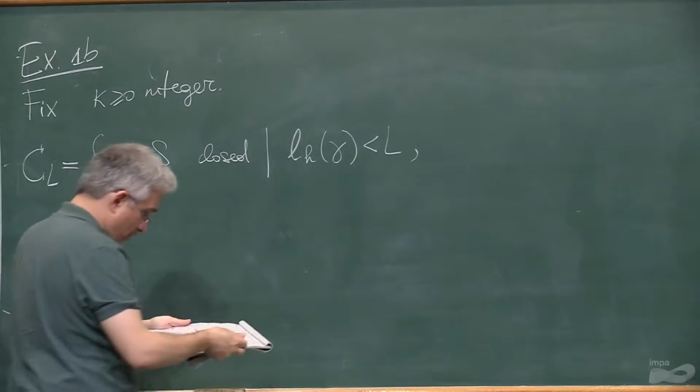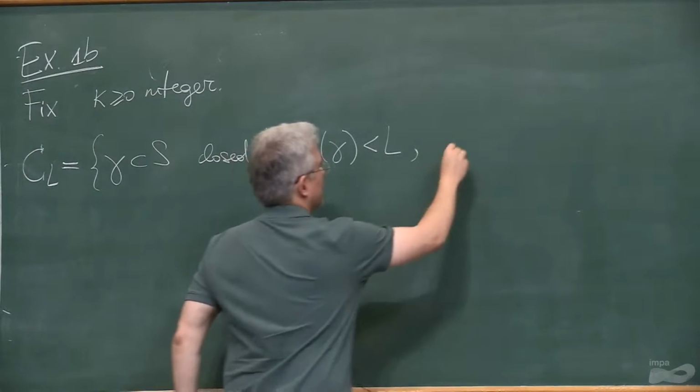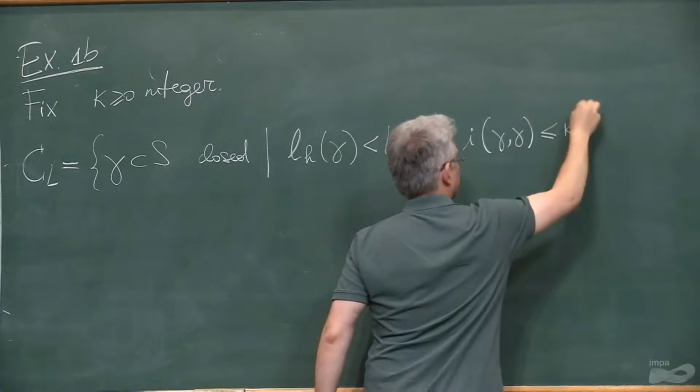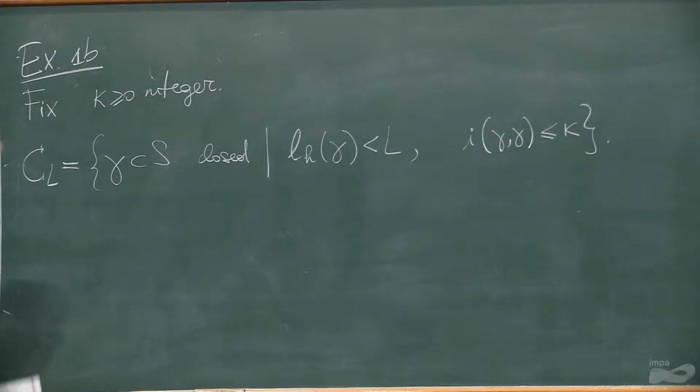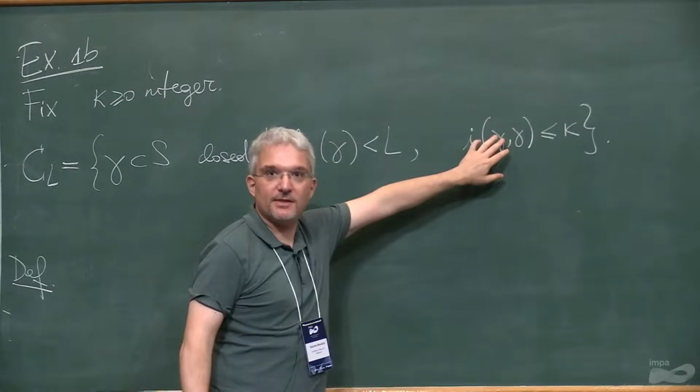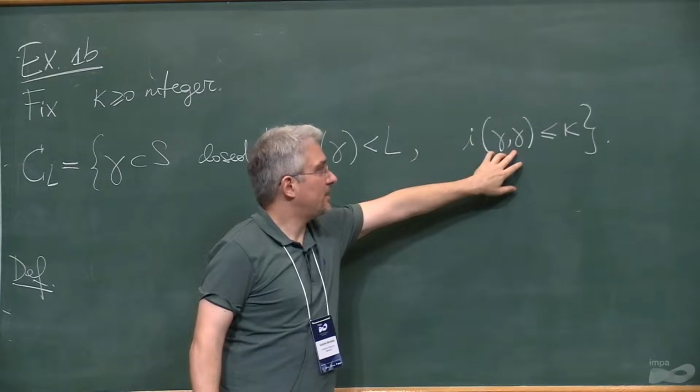So what does this mean? A very quick digression for those who don't know. What is I of gamma, gamma? This is the geometric self-intersection, which is the minimum.